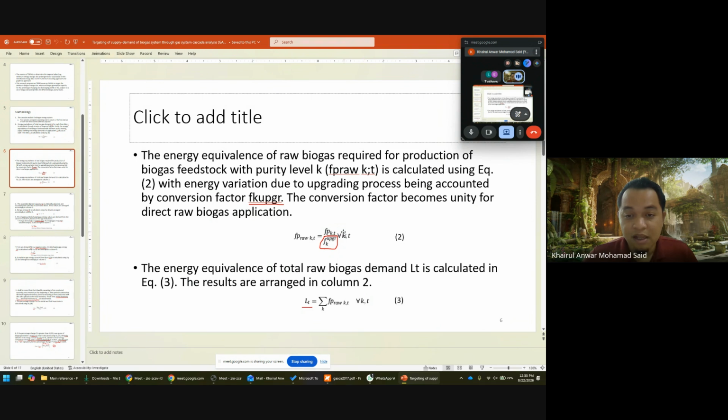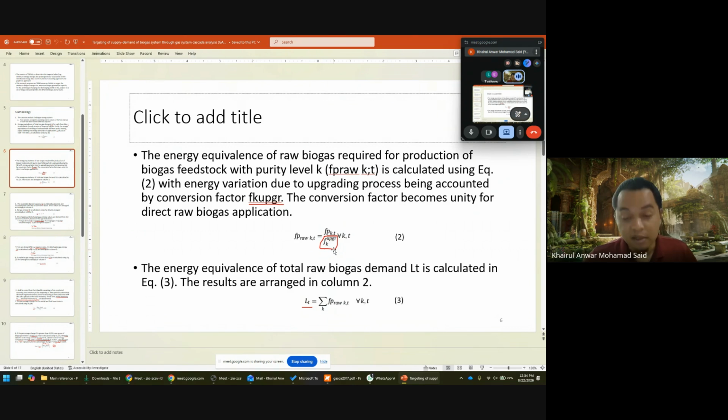Now, FP row. FP row is equal to FP, which you calculated previously from equation 1, and FP upgrade. FP upgrade is the energy variation due to the upgrading process, accounted for by a conversion factor.